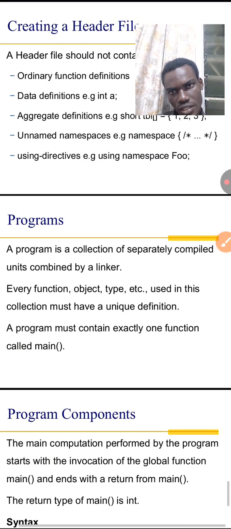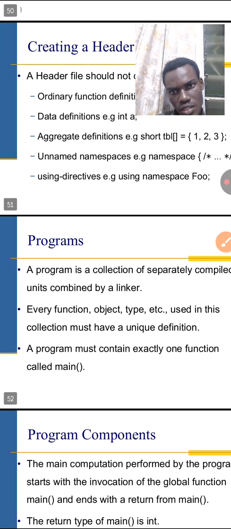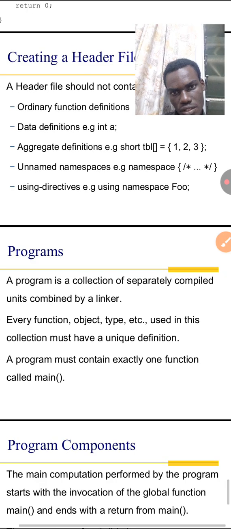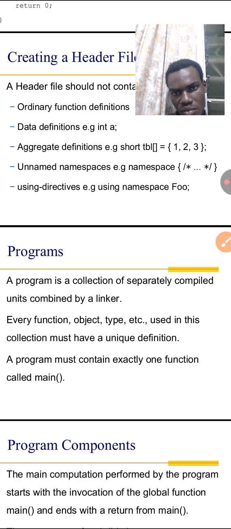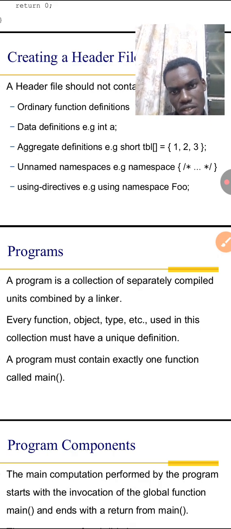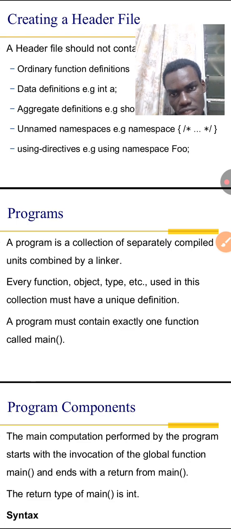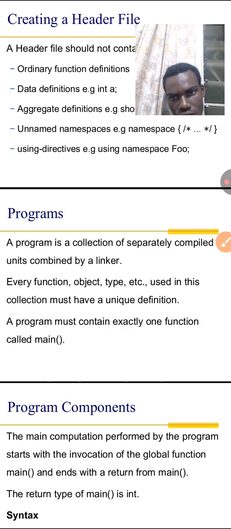Now we look at programs. A program is a collection of separately compiled units combined by a linker. Every function, object, type, and so on used in this collection must have a unique definition. A program must contain exactly one function called main.